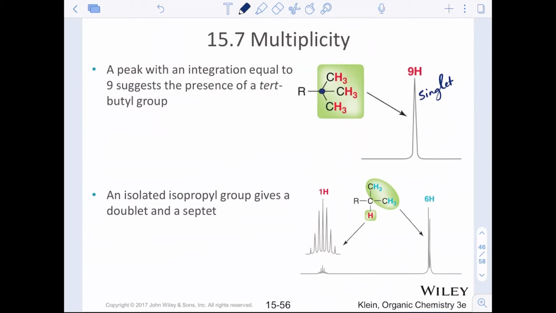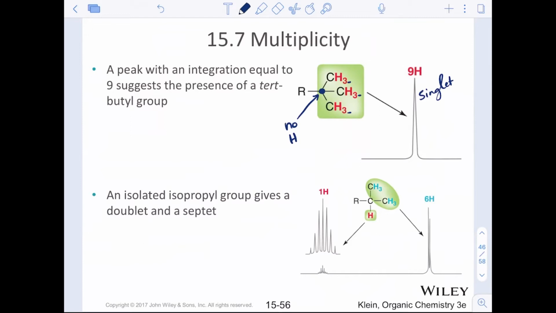Remember, right here, there is no hydrogen. So no neighbor there, meaning N+1, 0+1 is 1. That's the only time we get a singlet, when there's an adjacent carbon that has no neighbor. 3 CH3 groups add up to 9 protons, and those are chemically equivalent, all right?